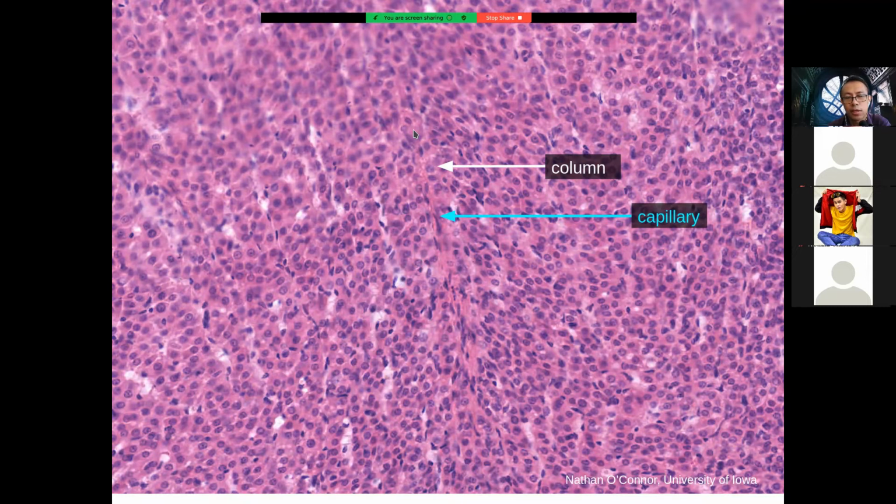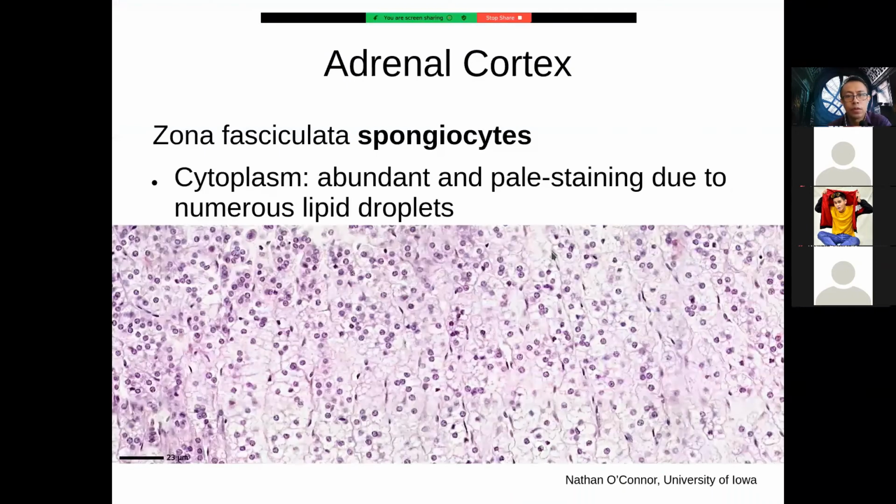So it's a very richly supplied area in terms of blood supply. Here are your spongy cells, spongiocytes. Because they are fat, they're chubby, and they are also clear looking because of the effects of the fixation and dehydration process of the slide preparation.